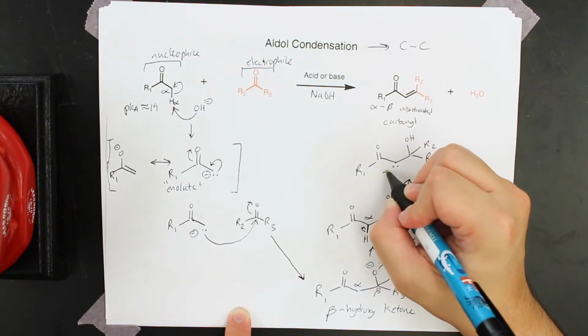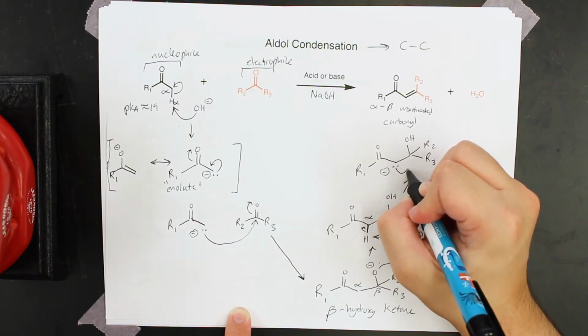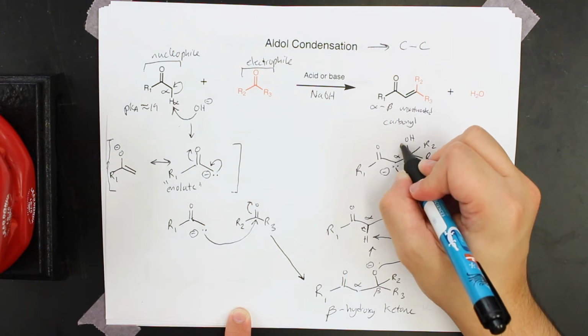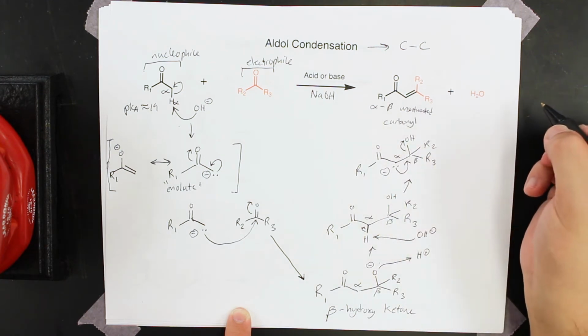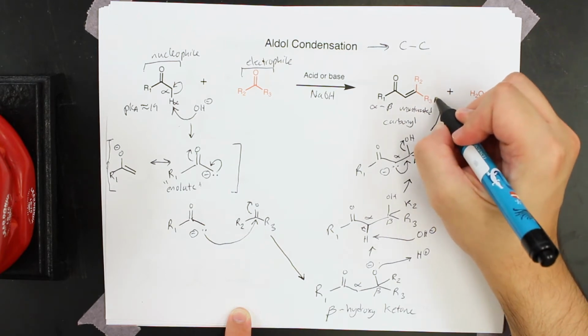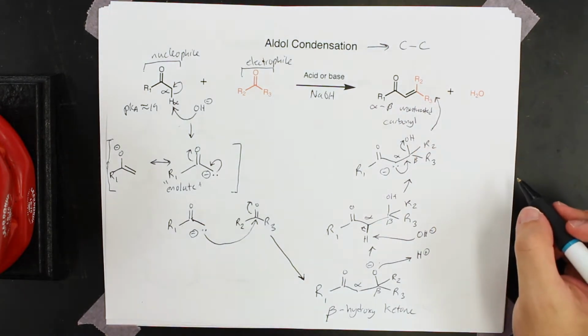The final step is for this enolate to form a pi bond between the alpha and beta carbons, and in doing so it kicks off this OH group as a leaving group. That will generate our alpha-beta unsaturated carbonyl compound.